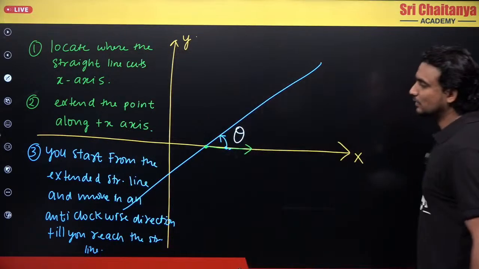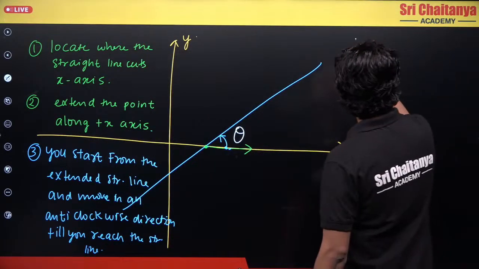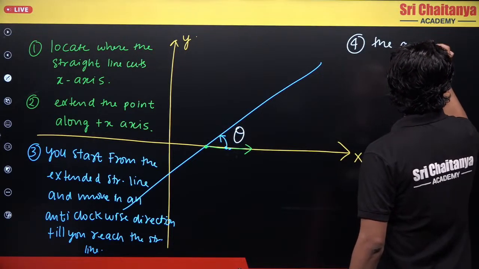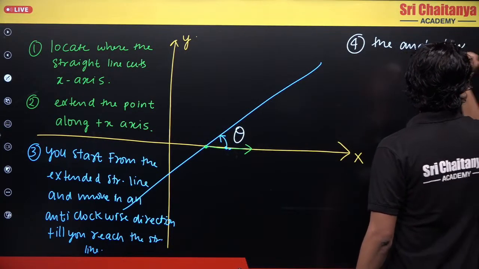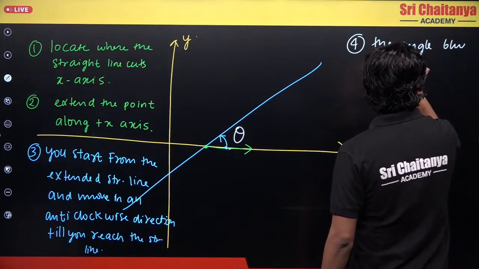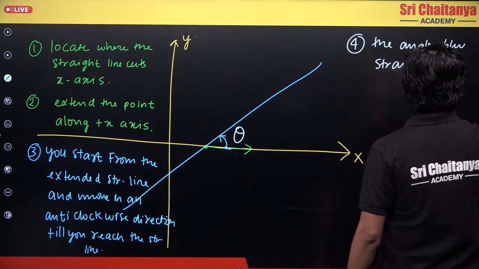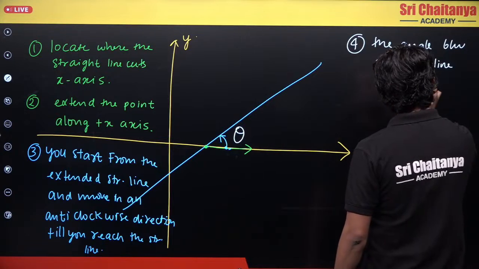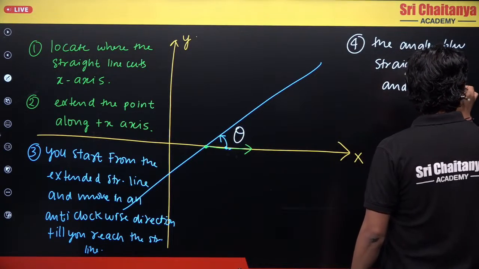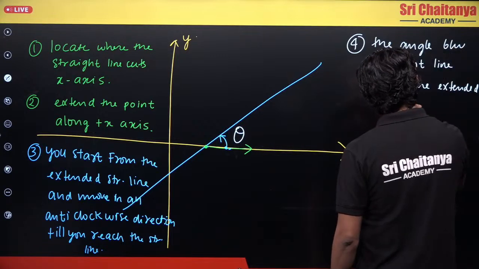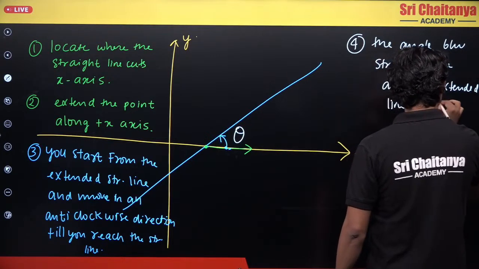So what is the fourth step? The angle between the straight line and the extended line is theta.